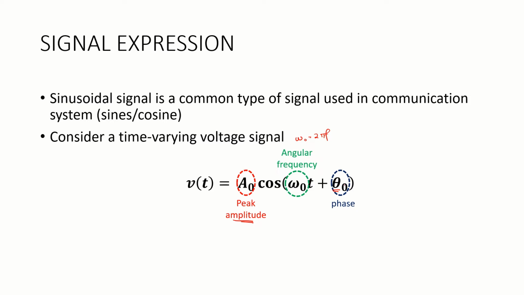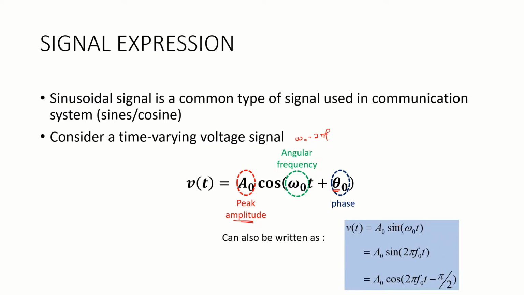Inside this bracket, it can be divided into two. One is the angular frequency and another one is the phase form. And this can also be represented as cos or sine.